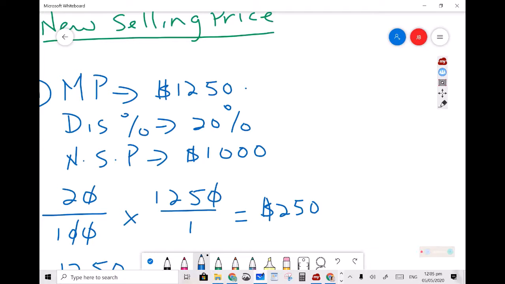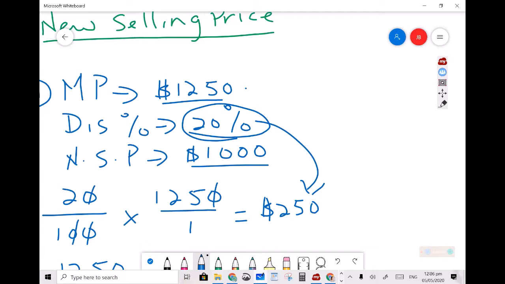Notice that our new selling price is less than the $12.50, because we had subtracted 20%, or 20% would be the $2.50.